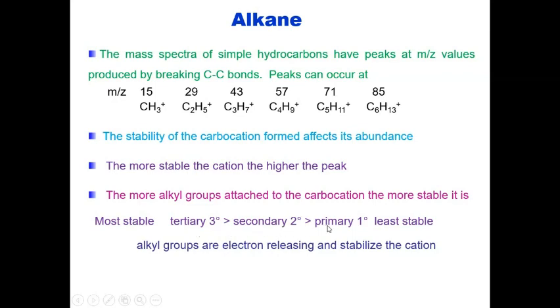This means that if we have a mixture of compounds with a tertiary carbon chain, a secondary carbon chain, or a primary one, then the tertiary will be most stable, meaning it will show the highest abundance in the mass spectrum, followed by the secondary carbon chain and then the primary.